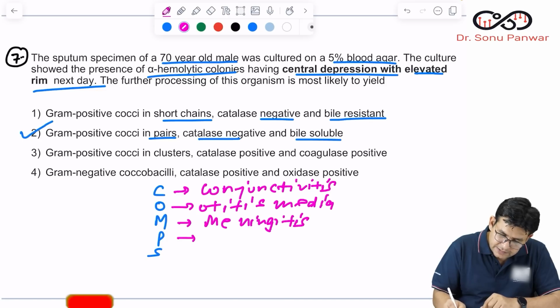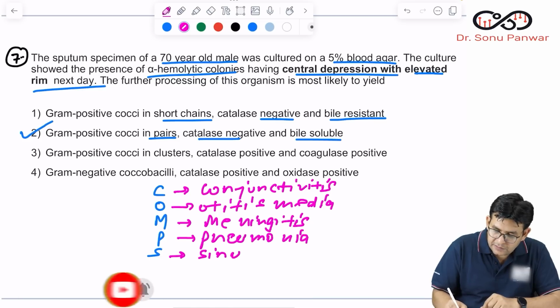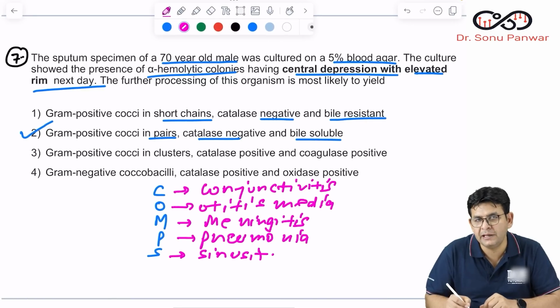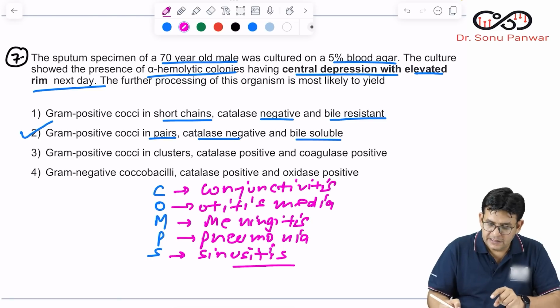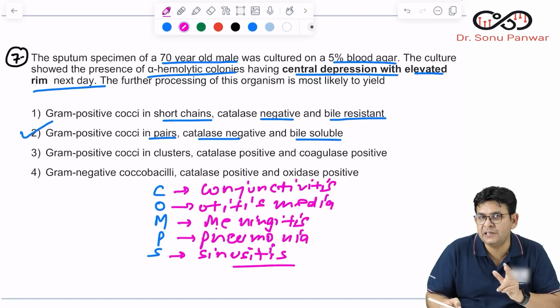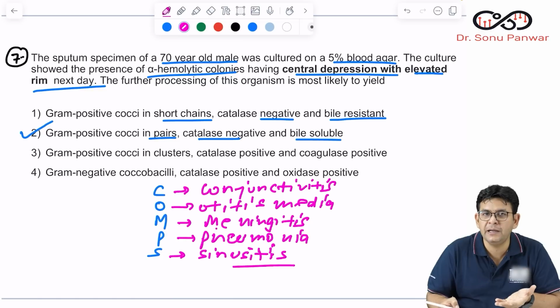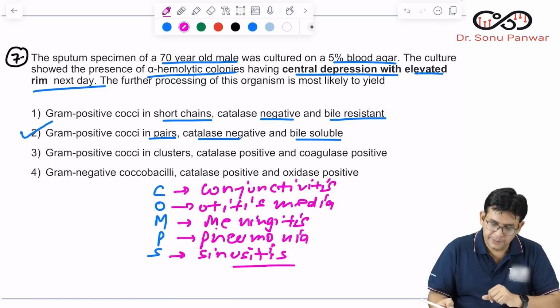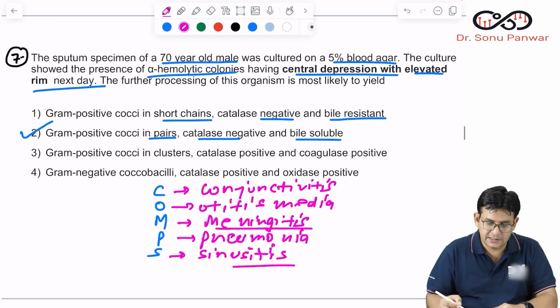As you know, this is the most common cause of all sorts of pneumonia, that is community acquired pneumonia, lobar pneumonia. In HIV positive patients also, the most common cause of pneumonia is pneumococcus only. But when the CD4 count falls below 200, it is Pneumocystis jirovecii, and the most common cause of atypical pneumonia is Mycoplasma pneumoniae. Whereas in meningitis, in all age groups this is the most common cause except the neonatal, in which GBS is there.